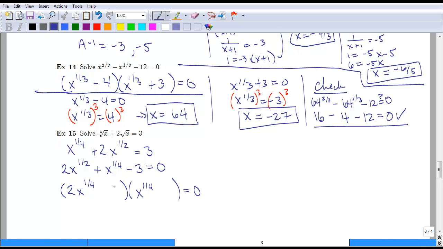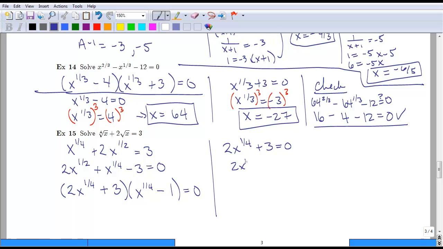And in this case, it actually works out. You're going to want a 3 and a 1. And if you want this term to be positive here, you want the 3 to be positive and the 1 to be negative. Because if you multiply the 3x to the 1/4 and the -2x to the 1/4, then you end up with a positive 1 in the middle here. So, again, we set each one of these terms equal to 0. So we have a 2x to the 1/4 plus 3 is equal to 0.